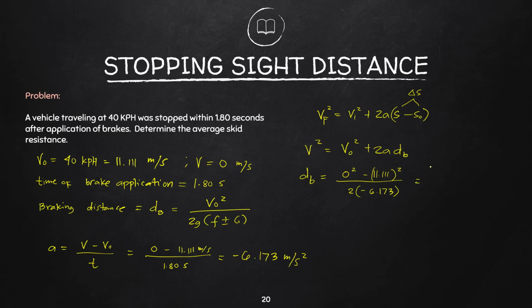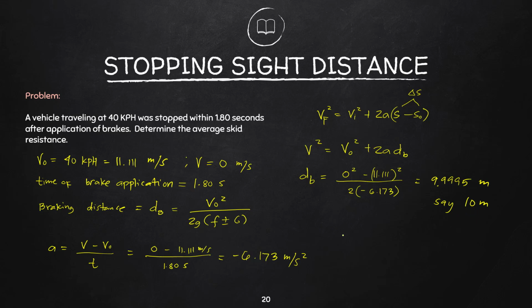Using my calculator, we have 11.111 squared multiplied by negative 1 divided by 2 times negative 6.173, and this should be equal to 9.9995 meters. Let's say this is 10 meters. And we now have your braking distance.